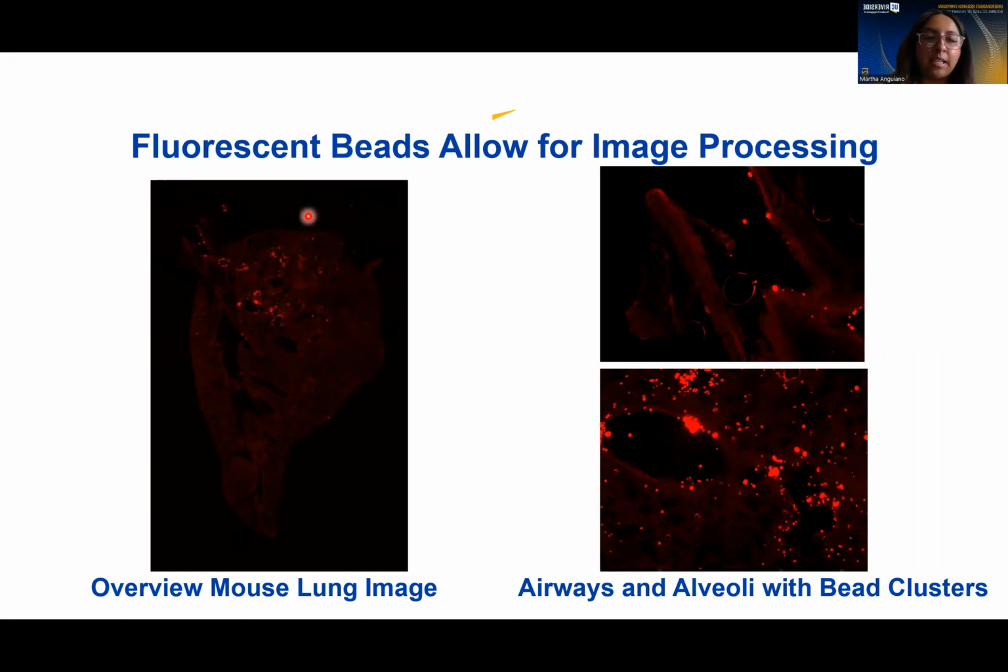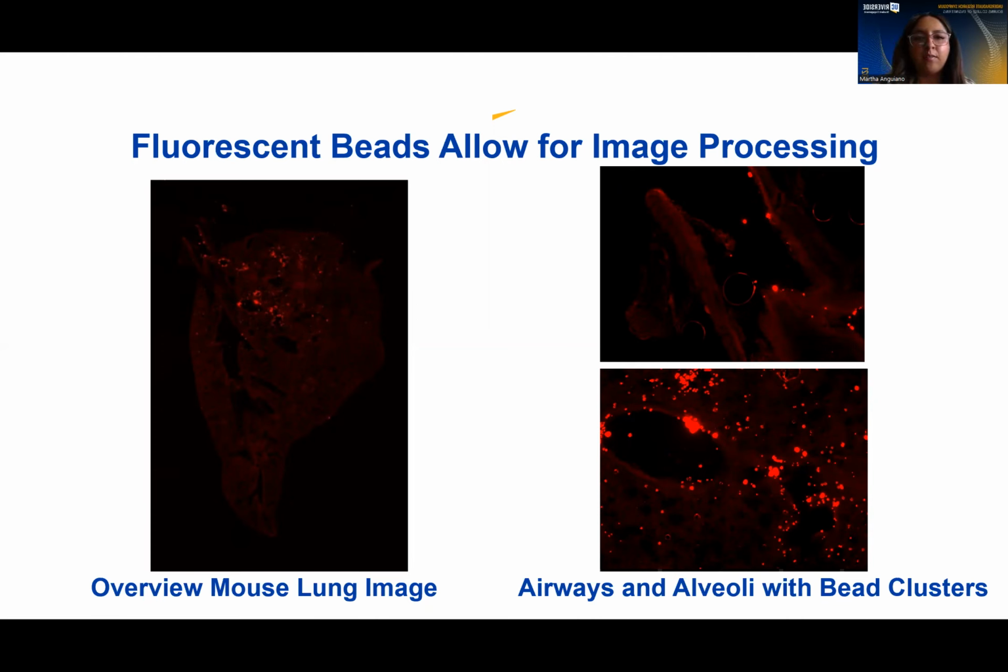You can see them depositing here, and then at a further magnification of 30x, you can even see these beads here in this airway and in the alveoli. This is primarily why we use fluorescent beads to expose the mice.